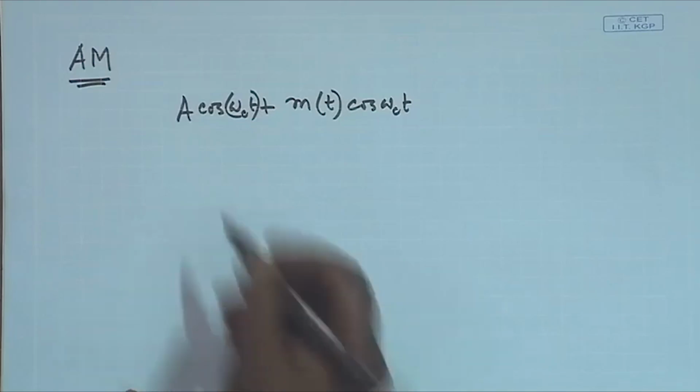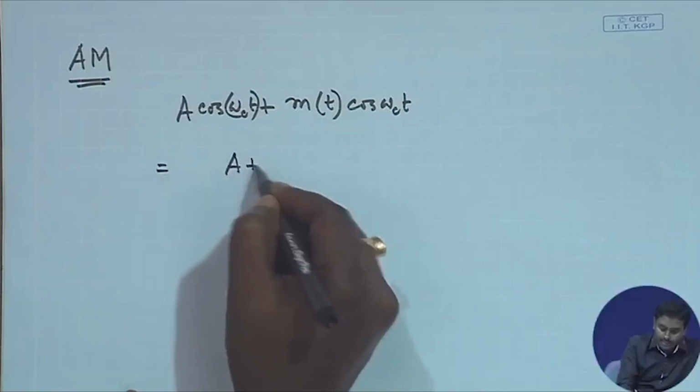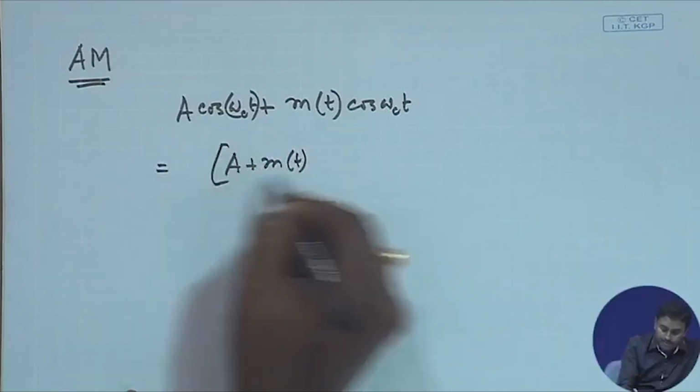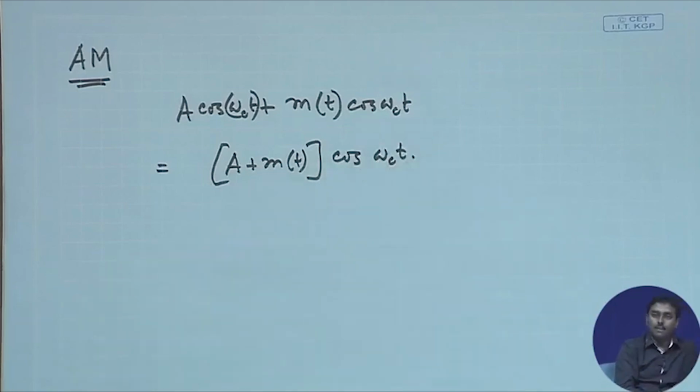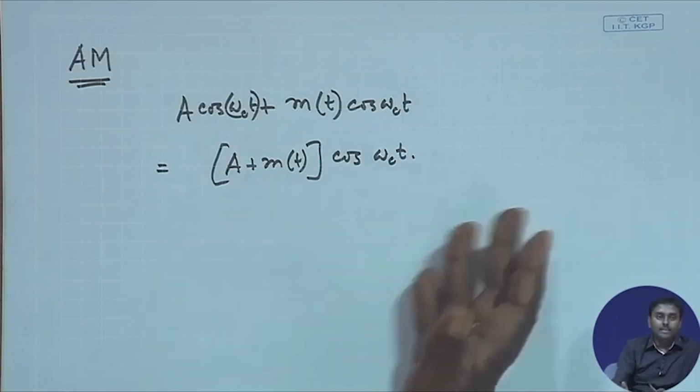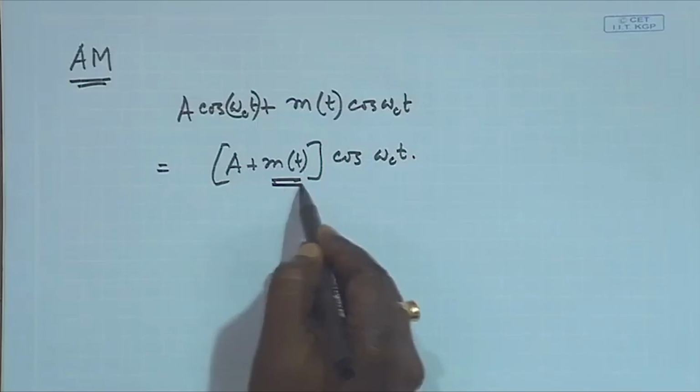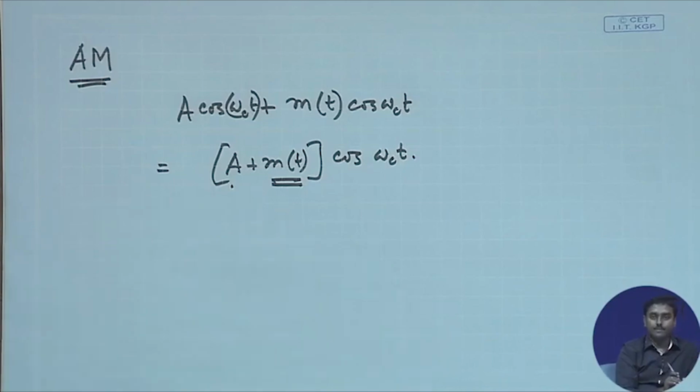How? We will see now. If I just do this, I can write it as (A + m(t)) cos omega_c t, right. So, what is happening? It is almost like a DSB-SC, it is just that my m(t) is DC shifted.